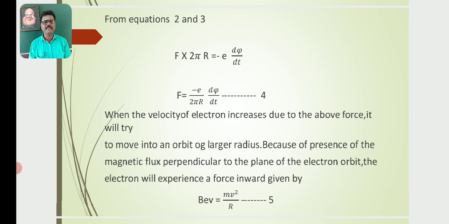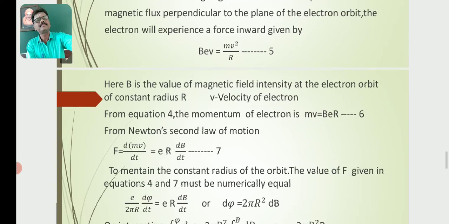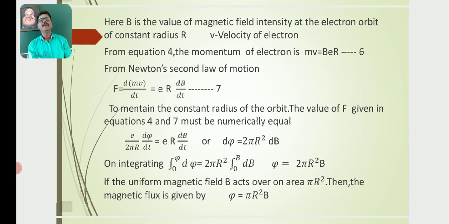So BeV is equal to mv square by r. Let this be equation number 5. Here B is the value of the magnetic field intensity at the electron orbit of constant radius r, and V is the velocity of the electron. From equation 5, the momentum of the electron is mv is equal to BeR. Let this be equation number 6.